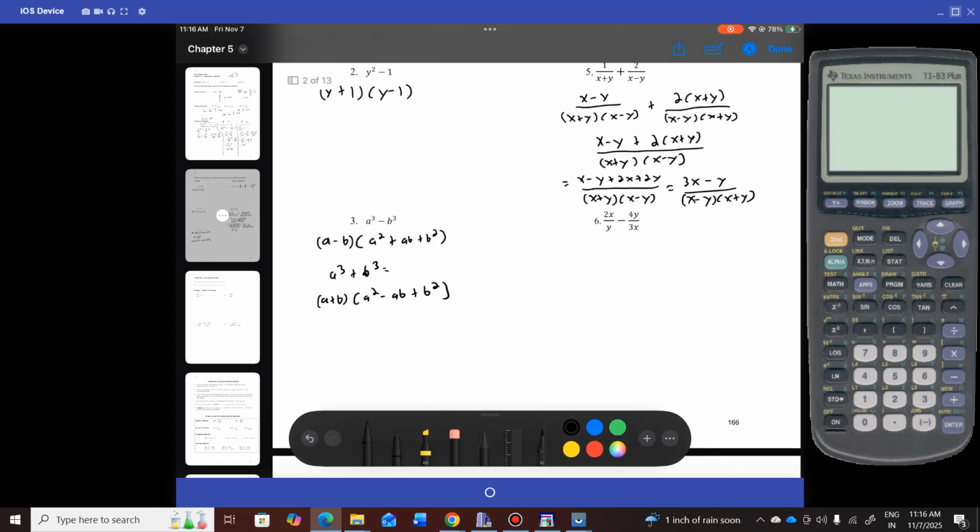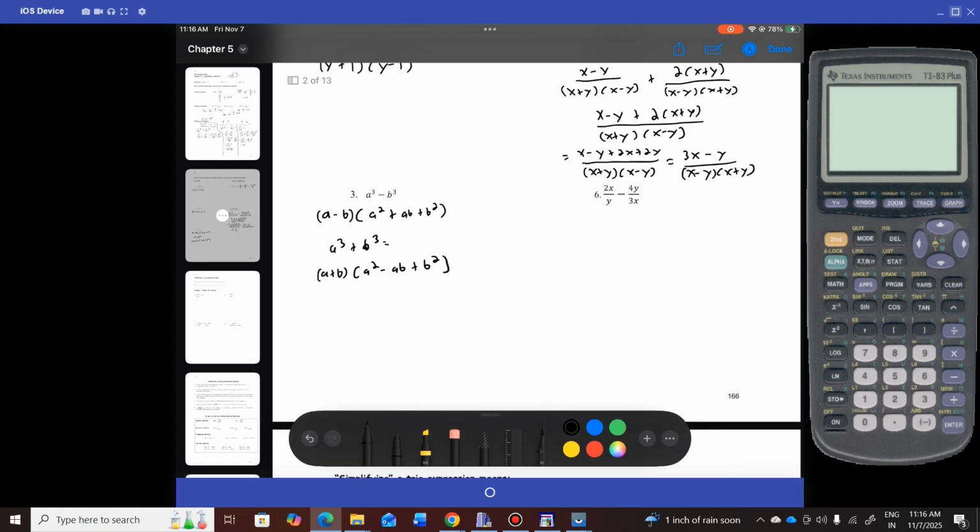And then here again, find common denominator. So in the one side we'll multiply by 3x. So we have 6x squared over 3xy. And then this side we'll multiply by y, so we'll have 4y squared over 3xy. And so this becomes 6x squared minus 4y squared over 3xy.